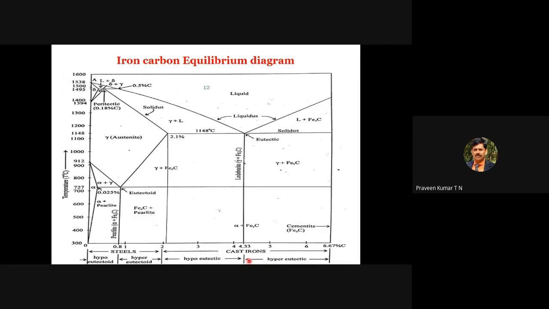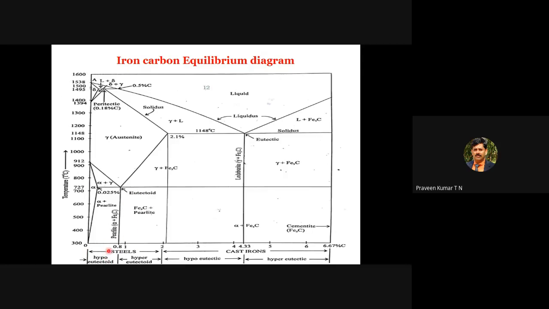So everything is decided by the eutectic composition. If it is less than the eutectic composition, it is hypoeutectic cast iron. If it is more than the eutectic composition, that is 4.33% of carbon, then it is referred to as a hypereutectic cast iron. Again, steel can be classified into two types based on the eutectoid reaction.